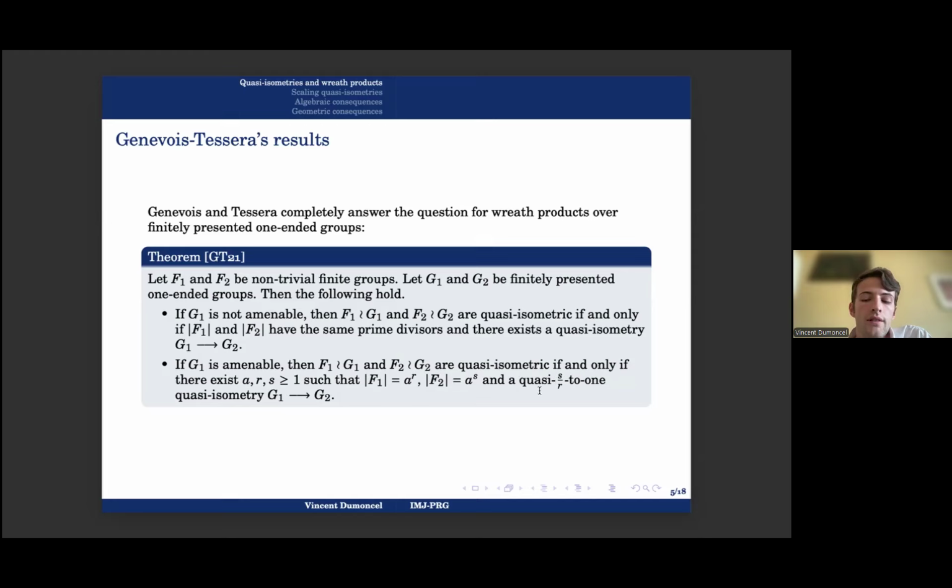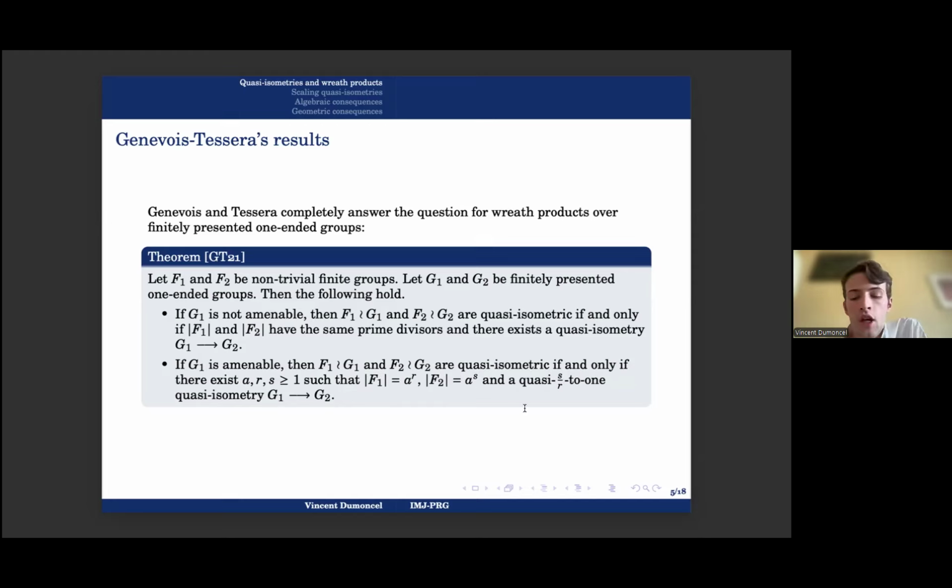So I will define it in 30 seconds. But for now, just also observe that in the amenable situation, you have clearly a dependency between the two conditions. The quasi-isometry that you find between the base groups must be compatible in some sense with the cardinalities of the Lemma group, with the exponents R and S that you find here.